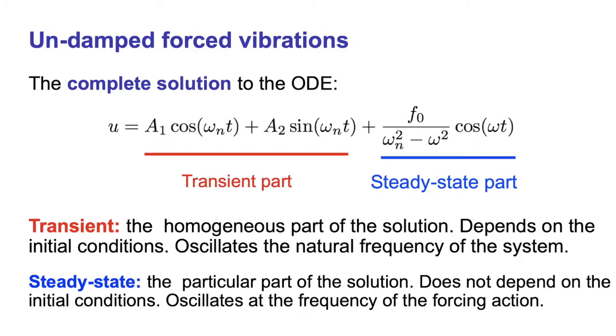This motion component does not depend on the initial conditions and oscillates at the frequency of the force in action, omega. It is interesting to note that both components of the single degree of freedom forced motion emerge naturally from the solution to its equation of motion and play very distinct roles in the dynamic response of structures.